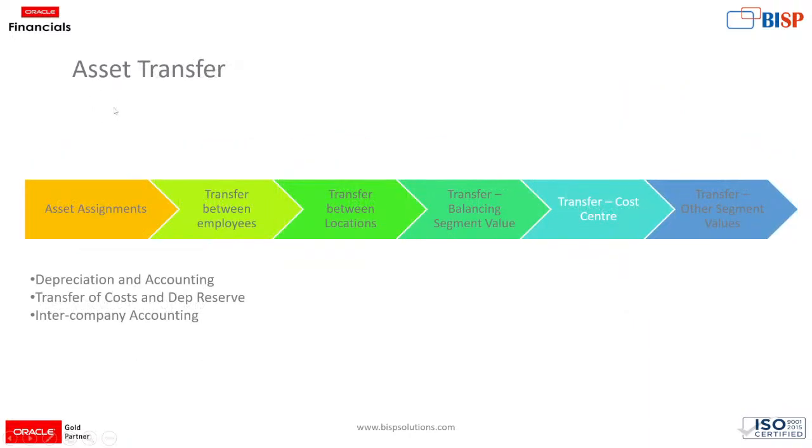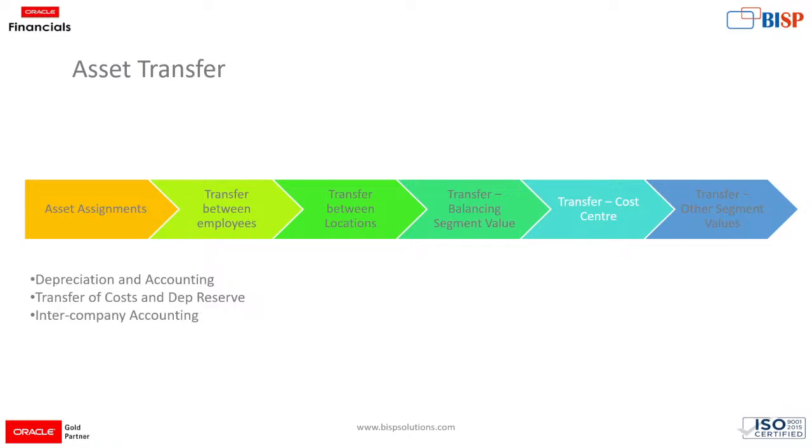So asset transfer can be done between employees, or between locations, or between balancing segment values, or cost centers, or other segment values. You can do the transfer on the basis of that. For depreciation and accounting, we will see transfer of the cost and depreciation reserve.